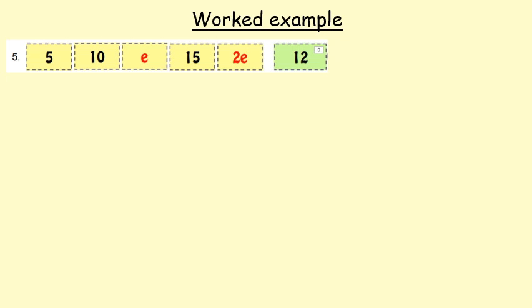Okay, so if we were calculating the mean, what we are saying is it's going to be our total, and then that is divided by how many of our data pieces there are.